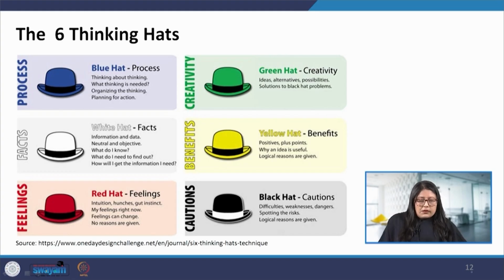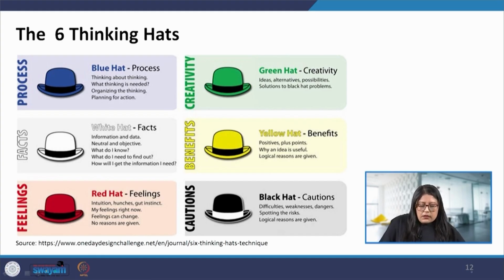Each color of the hat symbolizes the way different people observe reality, and this is one method where the observer can put on or take off a hat and add another hat. So, this adds a dimension to the whole process.